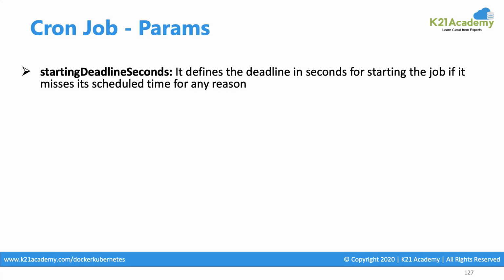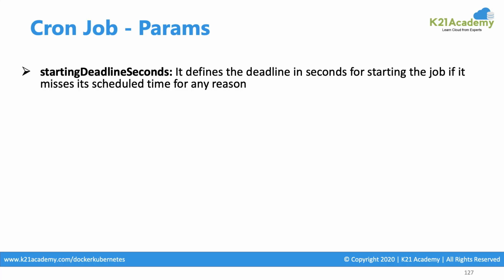There are a few other important parameters which we can specify for the cron job, like the starting deadline seconds. Suppose I have created a cron job which needs to start at 8:30 a.m. every day, and I have given the starting deadline seconds as 60 seconds.